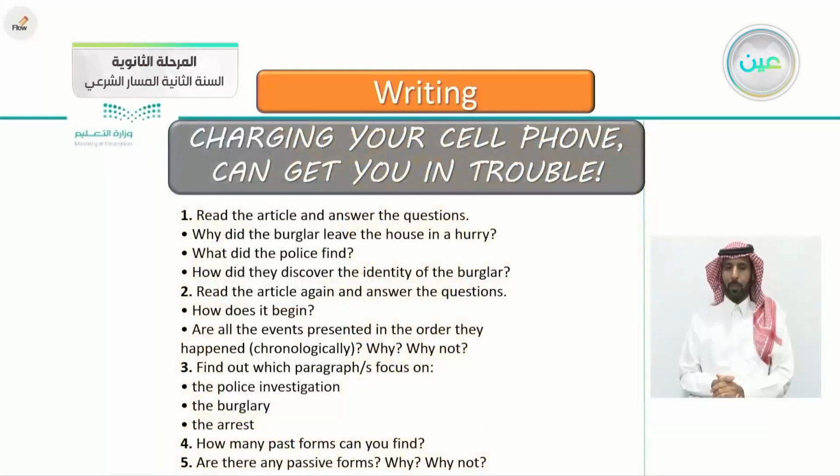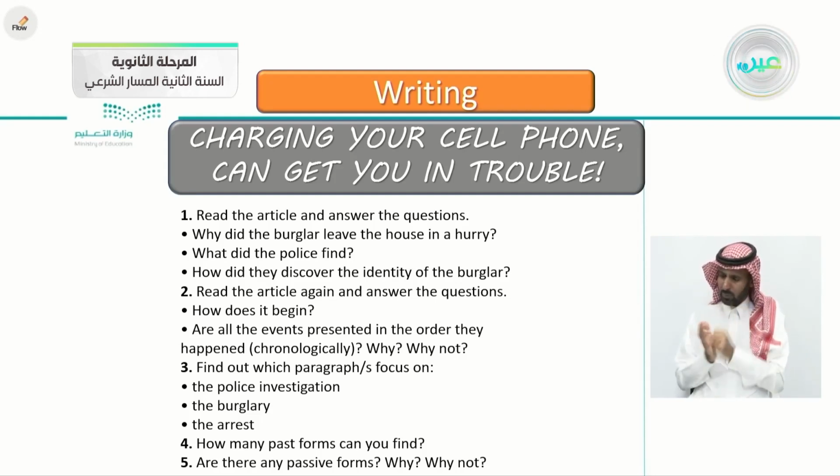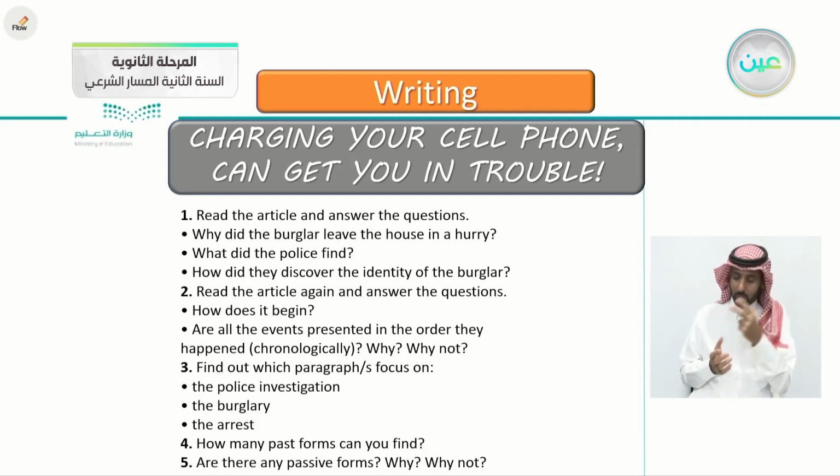So these are some questions before we read the article. The first one, read the article and answer the questions. Why did the burglar leave the house in a hurry? What did the police find? How did they discover the identity of the burglar? And so we will take them one by one.